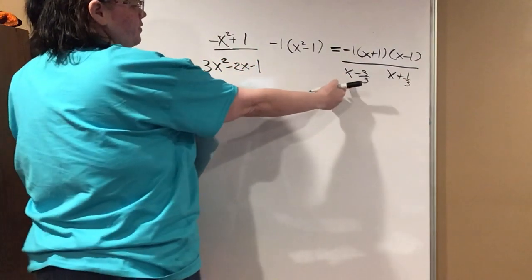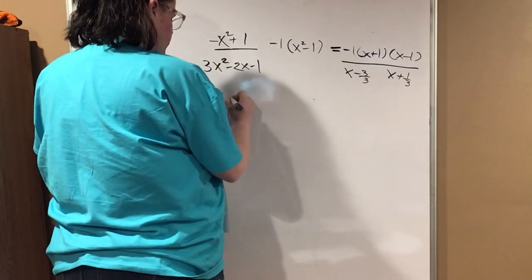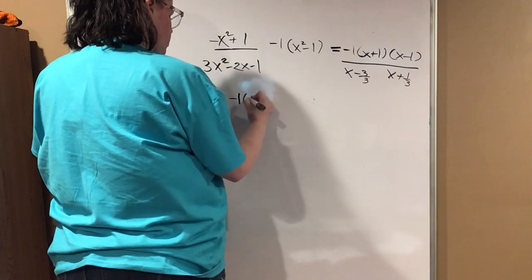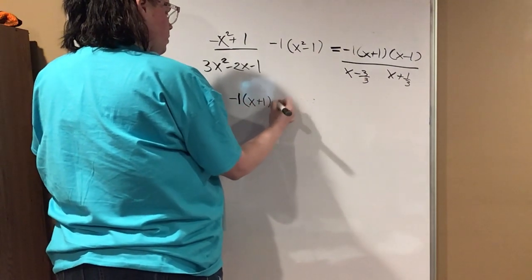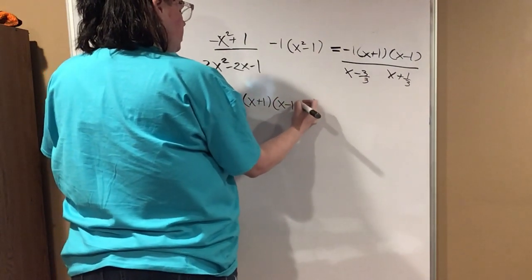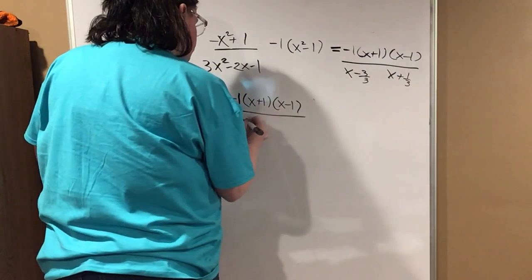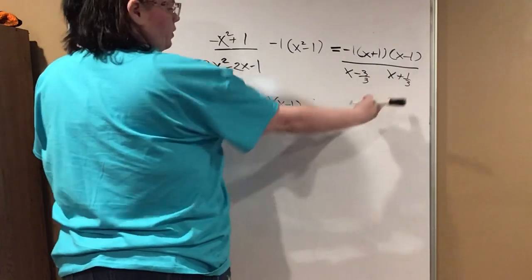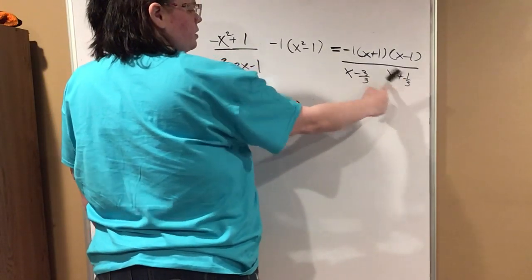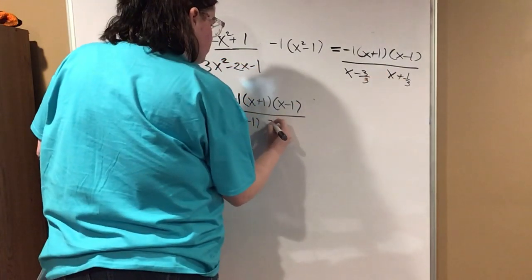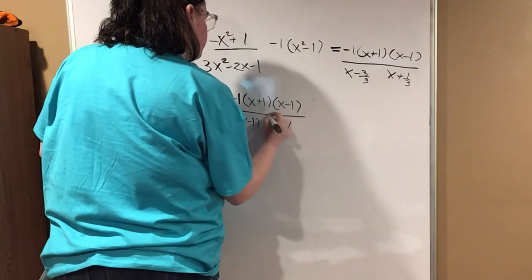Well, we can simplify this x and 3 over 3, so I'm going to rewrite my equation like this. And I'm going to get x minus 1. But right here, I'm going to take this 3 and move it in front of the x. So now it's 3x plus 1.